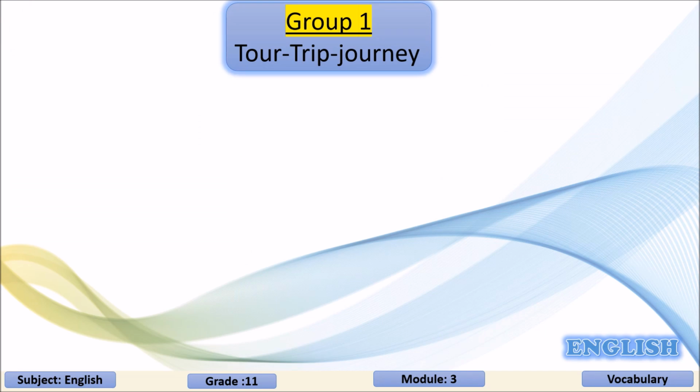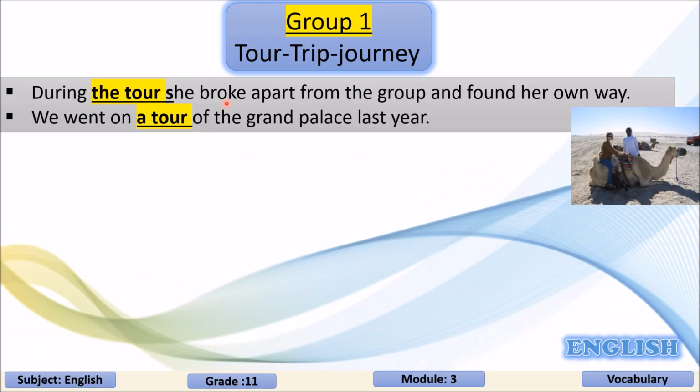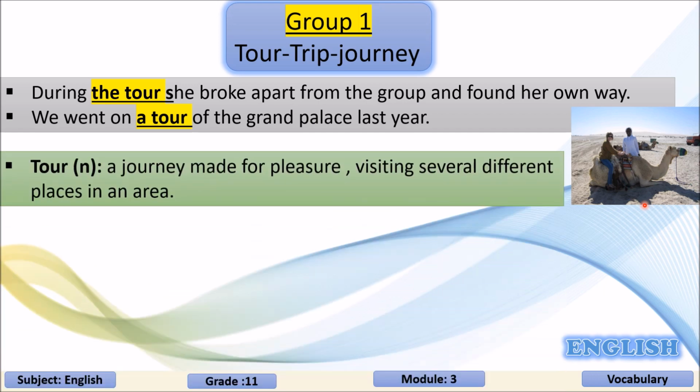Let's get started with the first group, which is tour, trip, and journey. Let's study the examples. During the tour, she broke apart from the group and found her own way. We went on a tour of the Grand Palace last year. Let's display the definition.